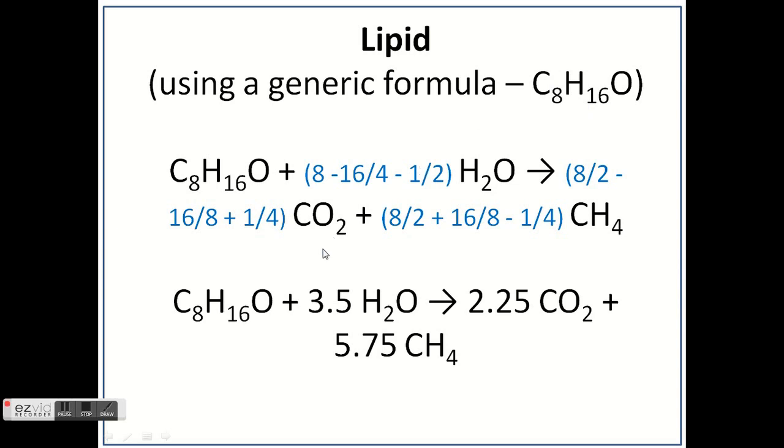When we apply the Buswell equation, we'll find out that 1 mole of lipid will produce 2.25 mole of carbon dioxide and 5.75 mole of methane. This is so different from what we've looked at previously. The amount of methane in the biogas is about 2.5 times the amount of carbon dioxide.